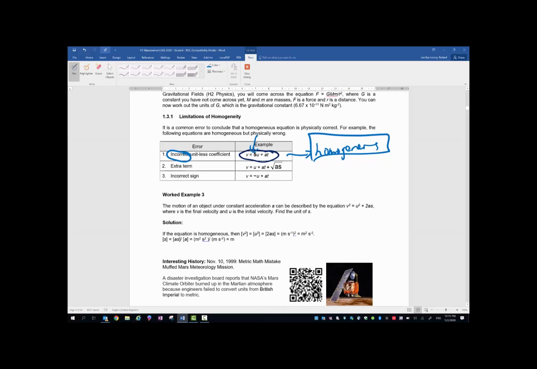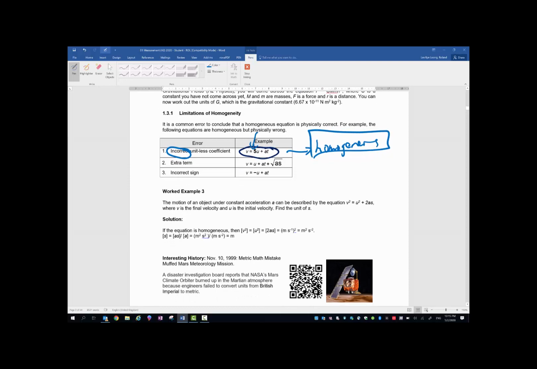So let's look at the equation here. The motion of an object under constant acceleration can be described by this equation: v squared equals u squared plus 2as, which I think we've learned in O level as well. Find the unit of s. That should be easy, right?